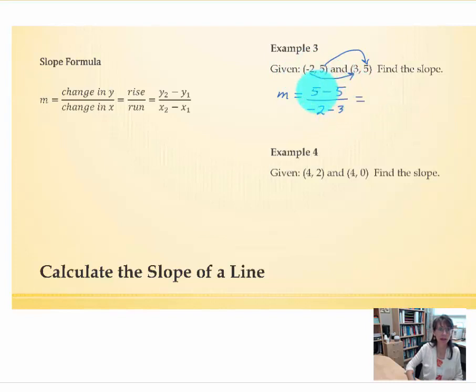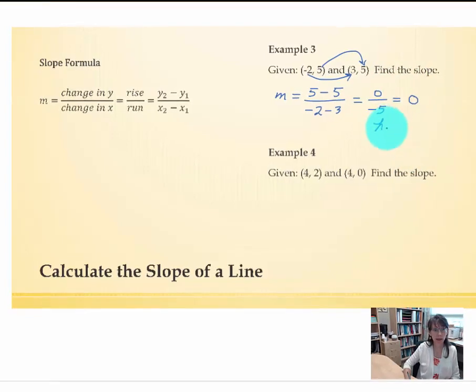This time in the numerator, 5 minus 5 will make 0, and negative 2 minus 3 makes negative 5. Recall from past lessons that 0 divided by a number will equal 0. When the slope is 0, this is a special line, and slope of 0 represents a horizontal line.